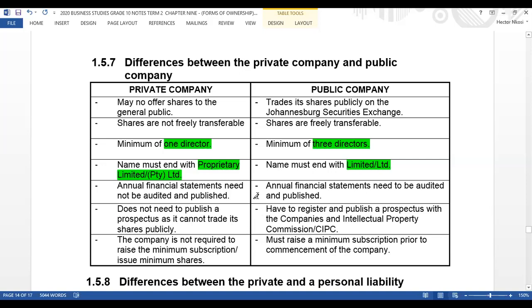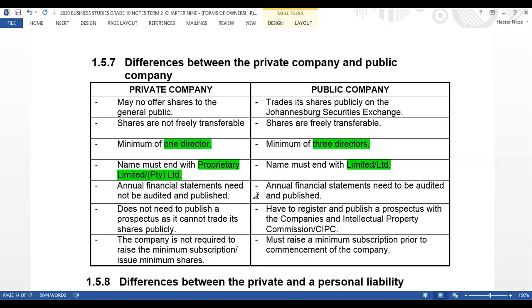Remember, when you sell your shares to the public, you must issue a prospectus if you are a public company. But one of the rules of a private company is that its shares are not offered to the general public. So how do private companies issue their shares? Private companies issue their shares through the existing shareholders, whereas a public company issues its shares through the public.